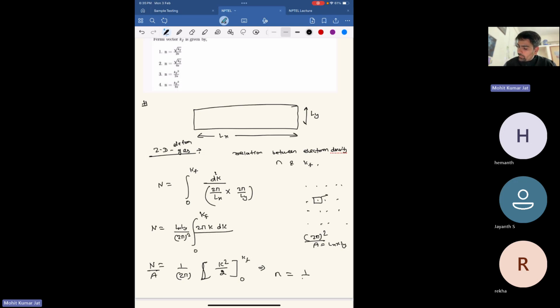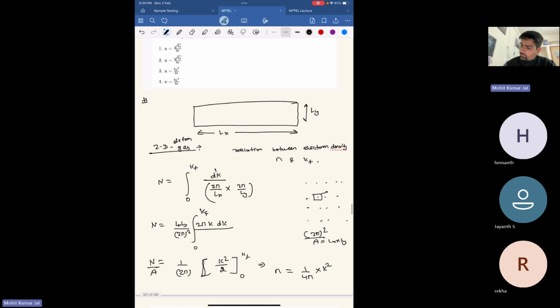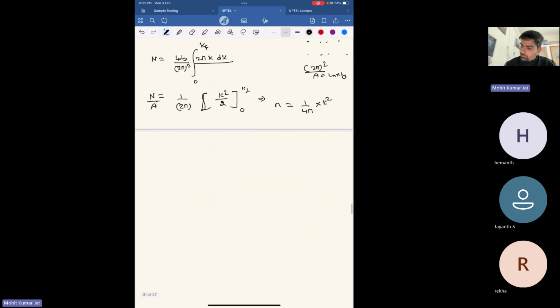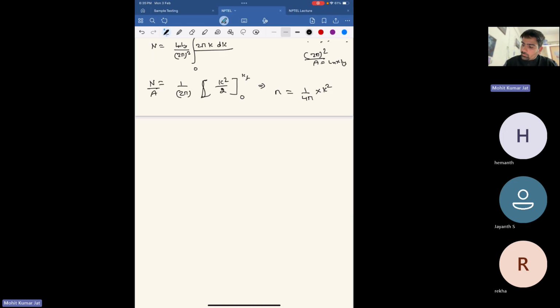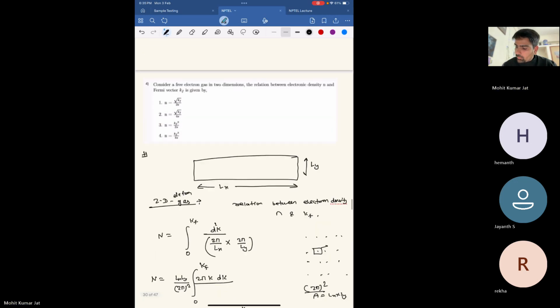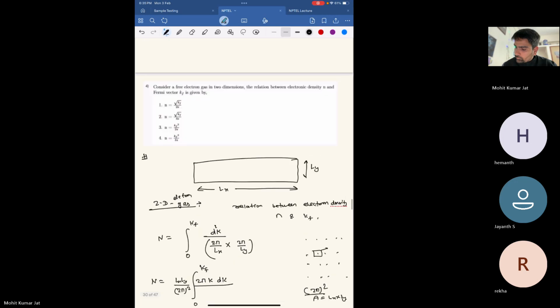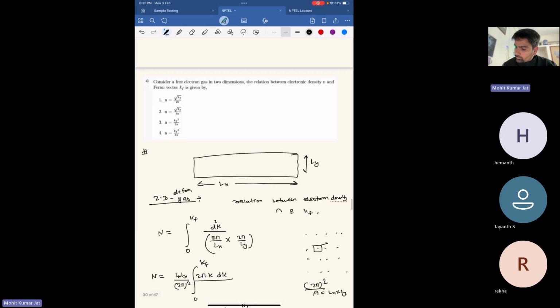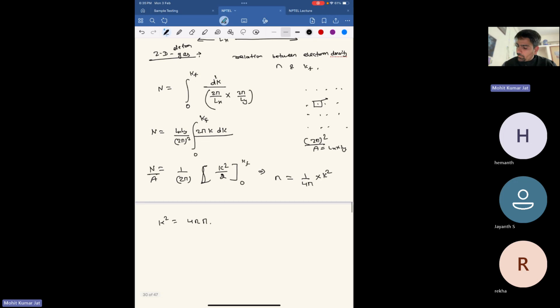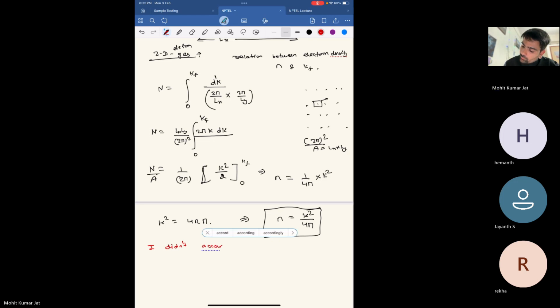This is 1 by 4 pi times kF squared, and this gives me kF squared equals 4 pi n. Okay, so in terms of n only, n is kF squared by 4 pi, right? But there is a catch here. I did not account for degeneracy.